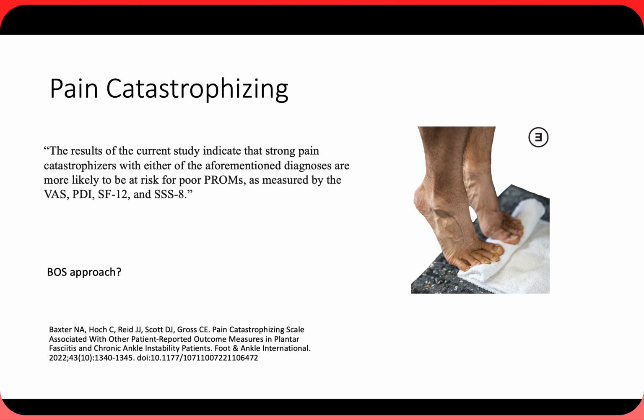And this particular piece of evidence shows that pain catastrophizing is higher in patients with plantar fasciitis, and that it correlates to important patient-reported outcome measures. So essentially, watch out for pain catastrophizing. It's going to be part of the profile of these patients, and using the normal skills we would and have learned for other problems would apply.